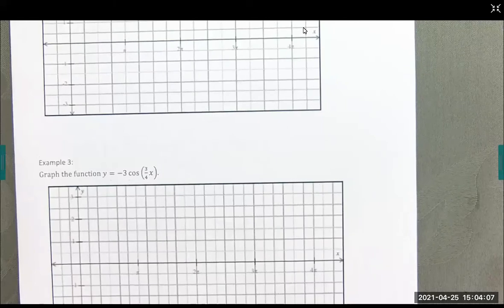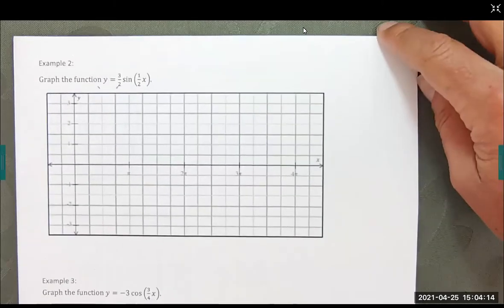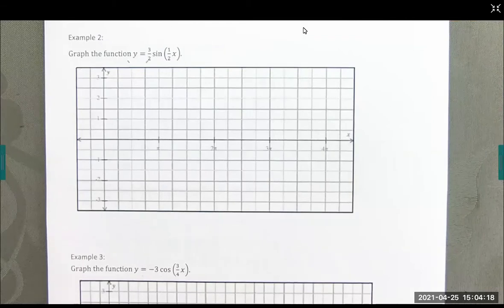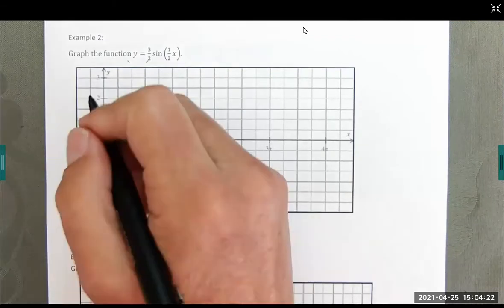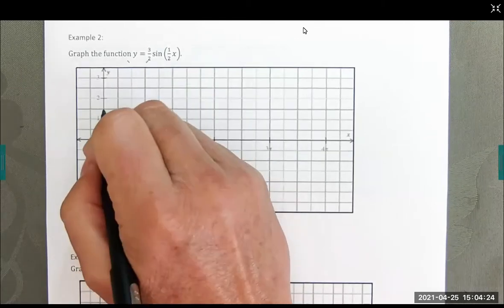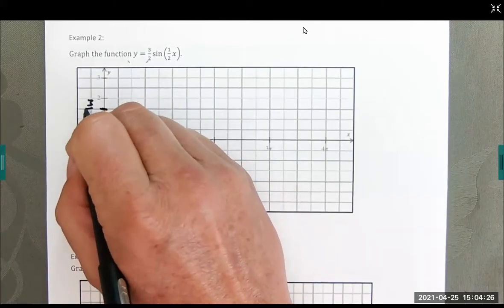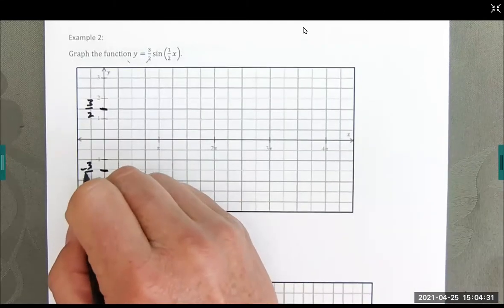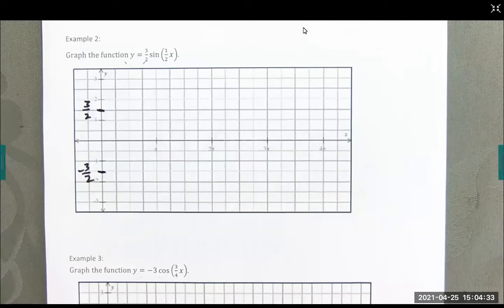All right, here we are. So when we graph the function, first off, I'm going to notice that my amplitude is 3 over 2. That's 1.5. So it will be bouncing back and forth there.